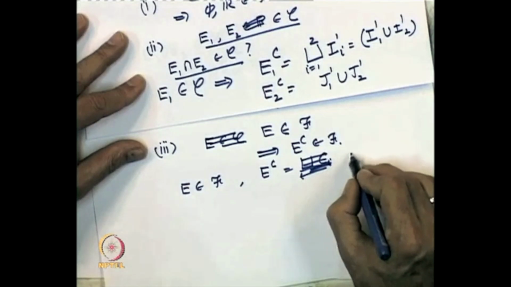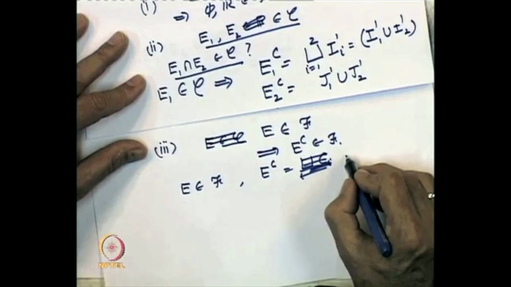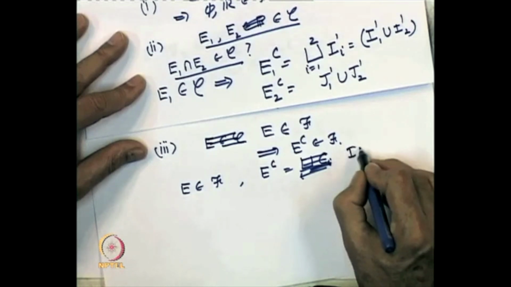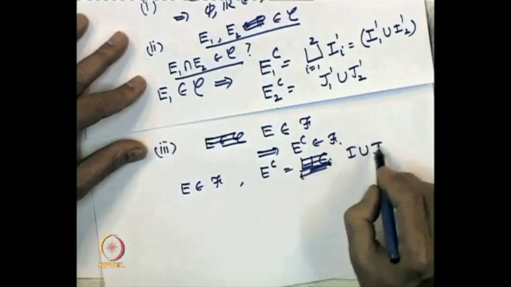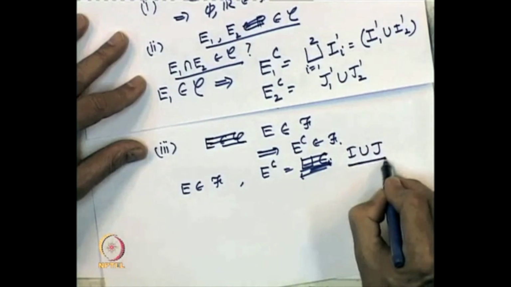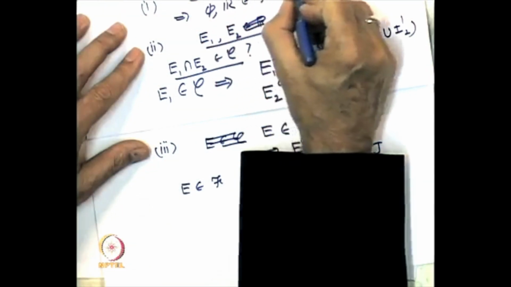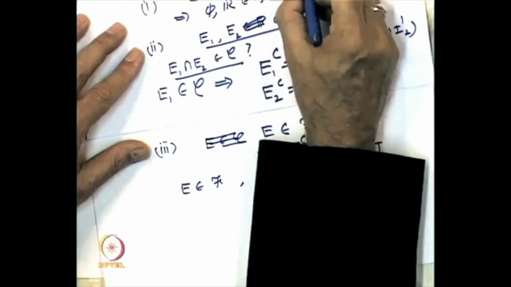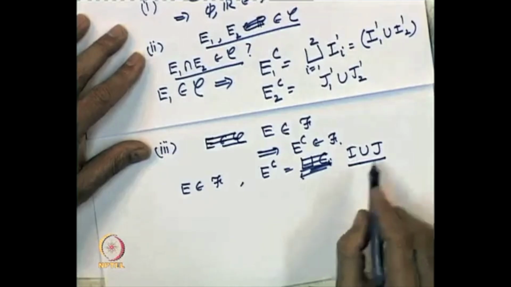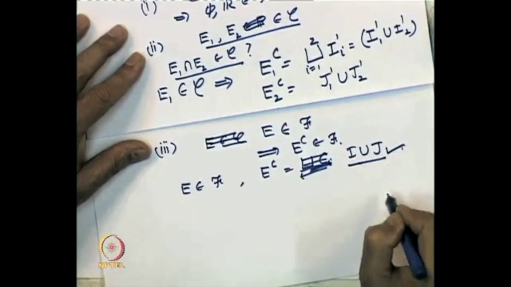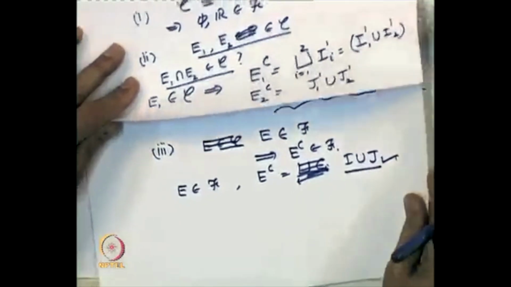So E complement is I union J. It seems to suggest that if I can show that this collection F of finite disjoint unions is closed under union, then I may be through. So we modify all our arguments again and see how to proceed.